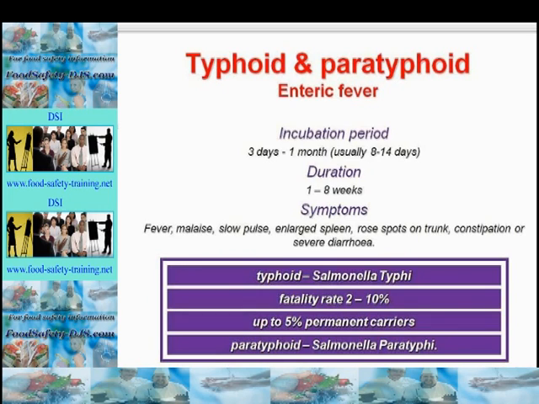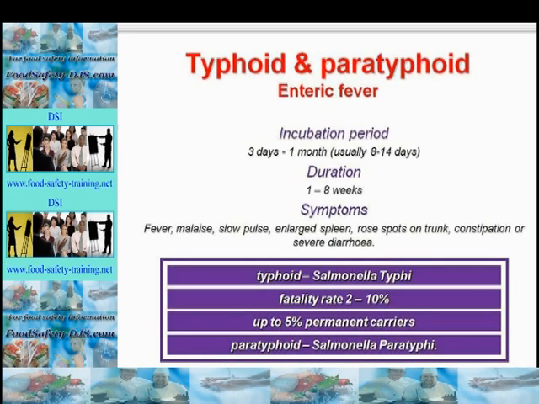Symptoms include fever, malaise, slow pulse, enlarged spleen, rose spots on trunk, constipation or severe diarrhea. Fatality rate is between 2 and 10%. That's for typhoid, i.e. Salmonella typhi. Up to 5% are permanent carriers.